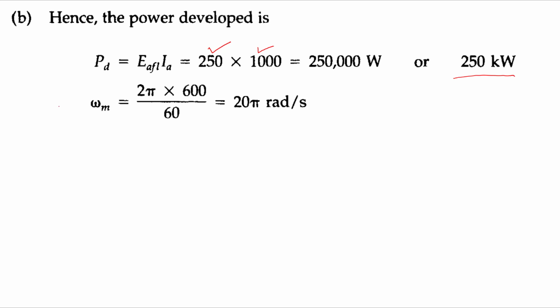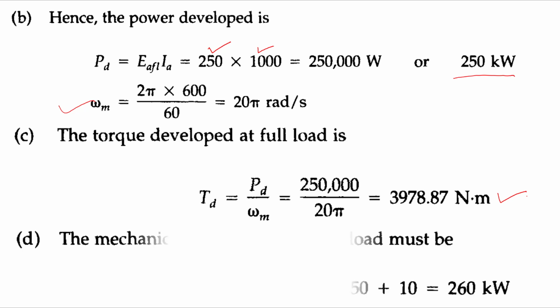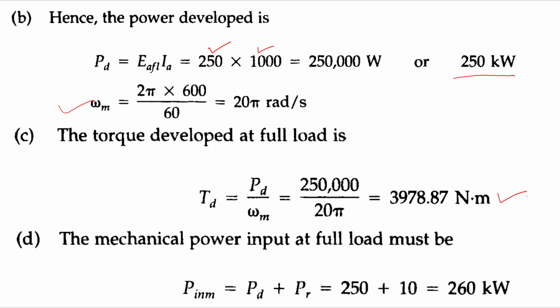And omega m we can find because RPM is given, 600 RPM. So we can convert it and we'll find it 20 pi radian per second, right? Then the torque developed, TD, we can find, PD by omega m, right? So that will give me, already you have done this, 3978.87 Newton meter. Then the mechanical power input at full load will be PD plus PR, right?